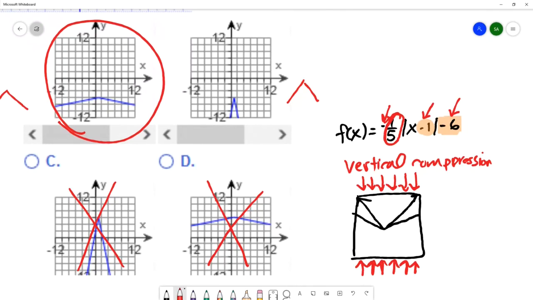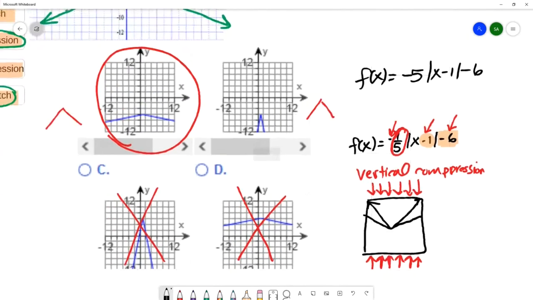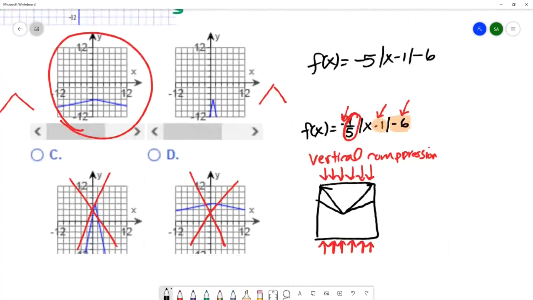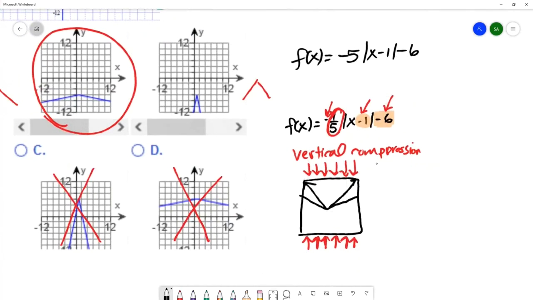So if this problem instead were f of x equals -5 absolute value of x minus 1, minus 6, then this would be a vertical stretch instead of a vertical compression.